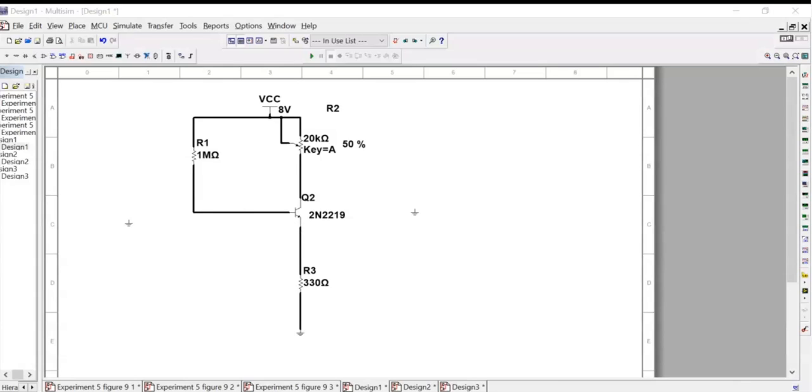We need to put 4 digital multimeters. We have meter 1, across the collector emitter. We have meter 2, the base voltage.